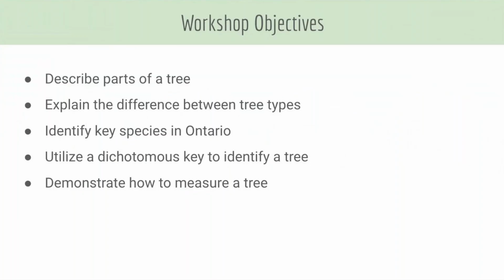At the end of the workshop, I hope that you'll be able to describe the different parts of a tree, explain the difference between tree types, be able to identify key species in Ontario, or at least be familiar with some features. You'll be able to utilize a dichotomous key to identify a tree, and demonstrate how to measure a tree.